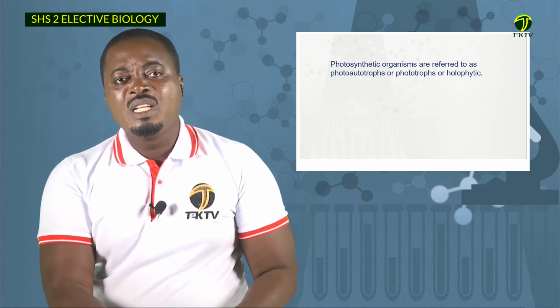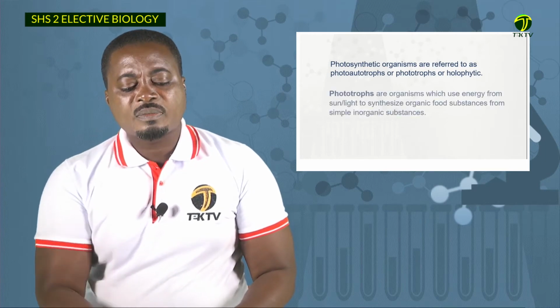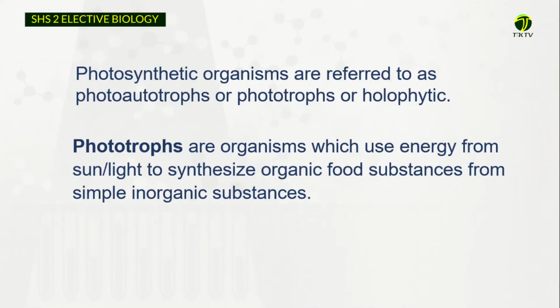Now, how do they do this? If you are asked to explain what phototrophs are, they are the organisms which use energy from sunlight to synthesize organic food substances from simple inorganic substances. That is what we've stated already.